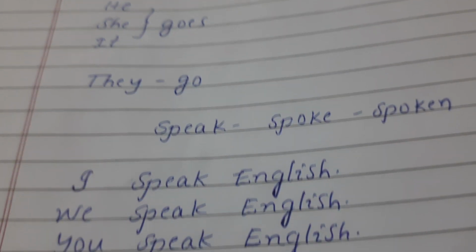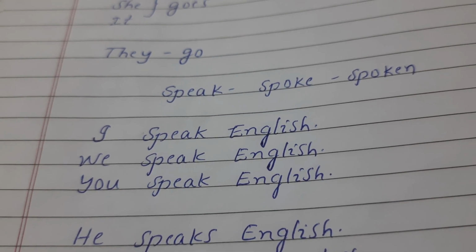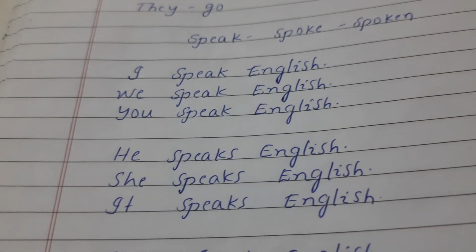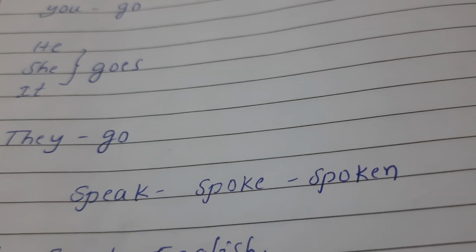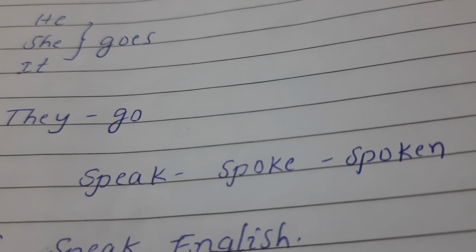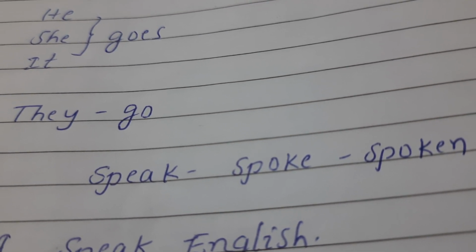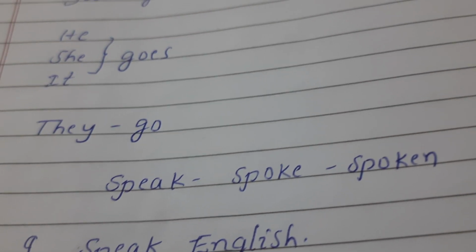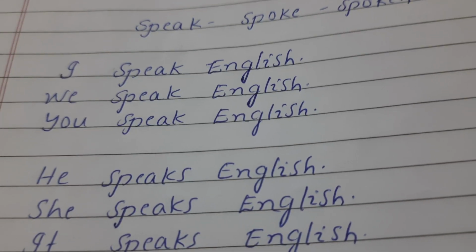Take another verb, for example, eat. I eat an apple. We eat an apple. You eat an apple. Like that. So, first of all, practice these sentences. Write them down, practice them. After that, learn the verb forms. Take action words like eat, speak, read, go, come, write, draw. After that, make sentences on your own and practice them.